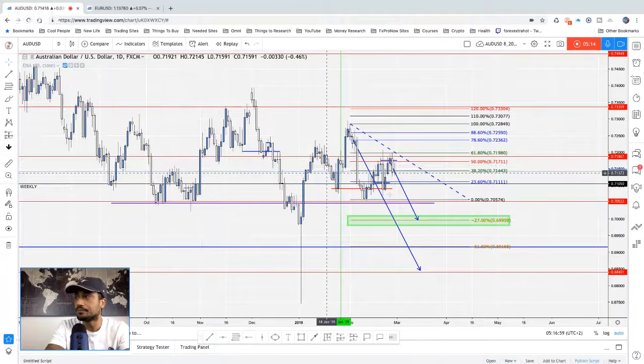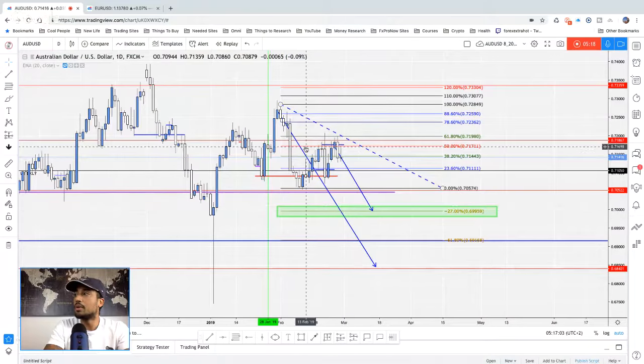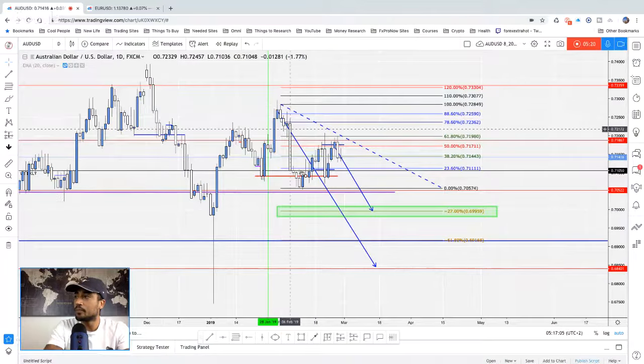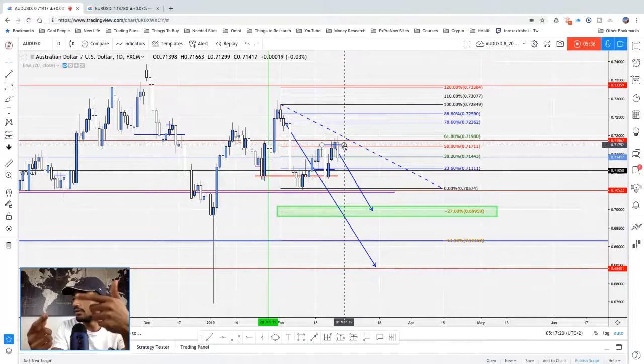Okay. So what I want to show you here, based upon the daily chart from point A to point B, point C, we see that price has gotten to this daily key level right here, which is not really in confluence with anything. And what I mean by confluence is two things lining up at the same point. Okay.